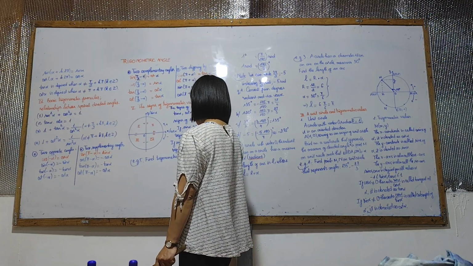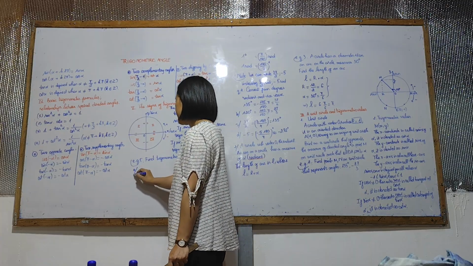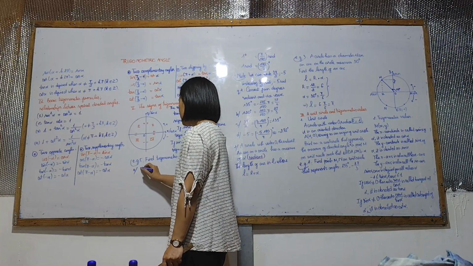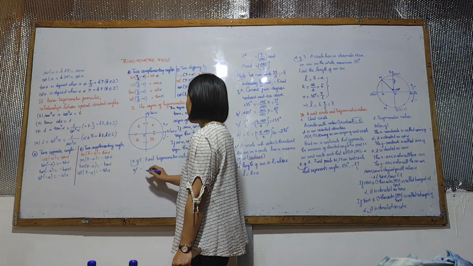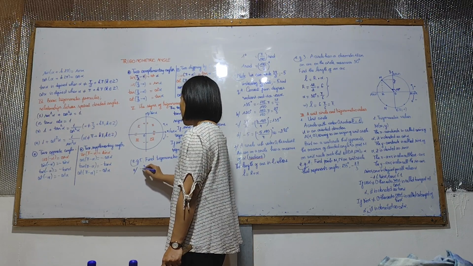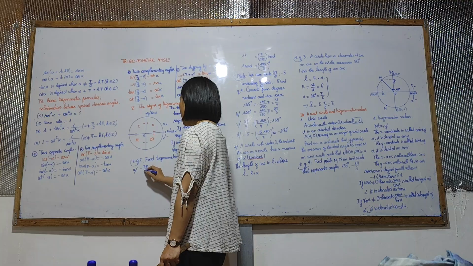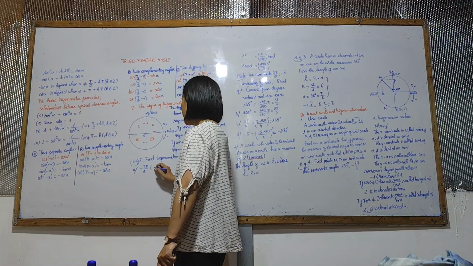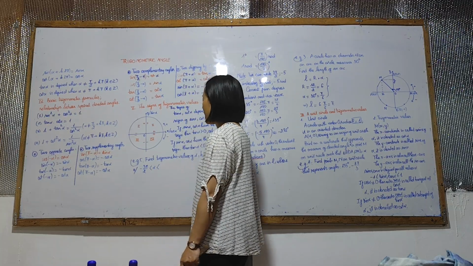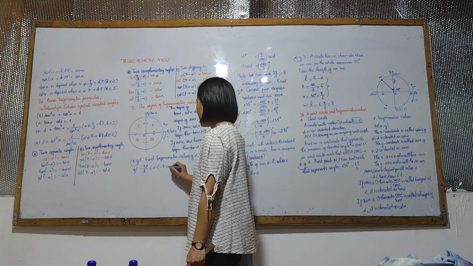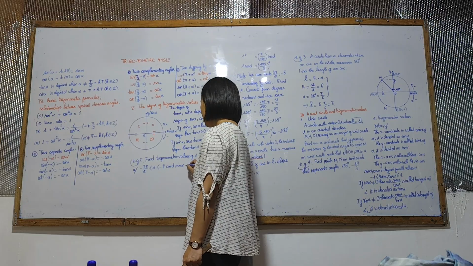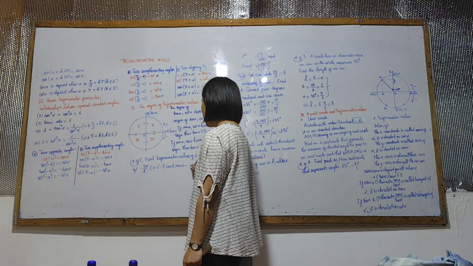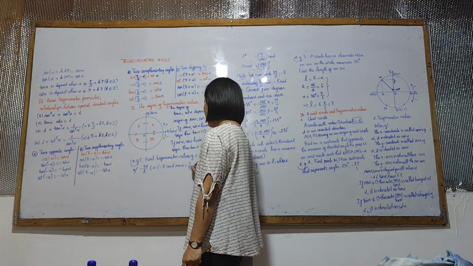Part A: negative 3 pi over 2 less than alpha less than negative pi, and sine alpha equals 3 over 5.